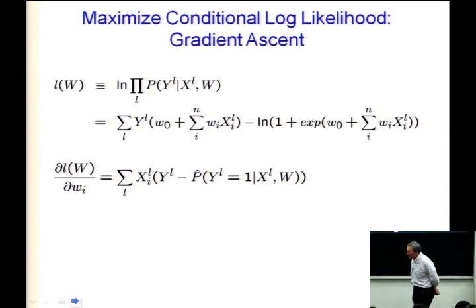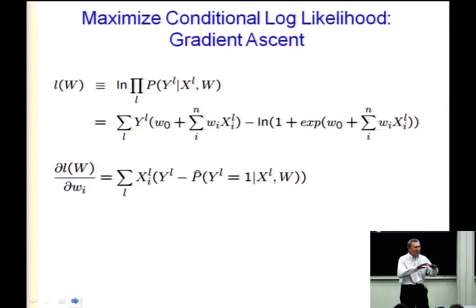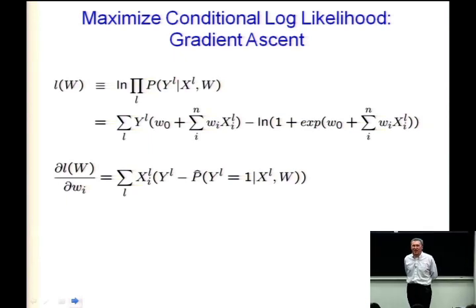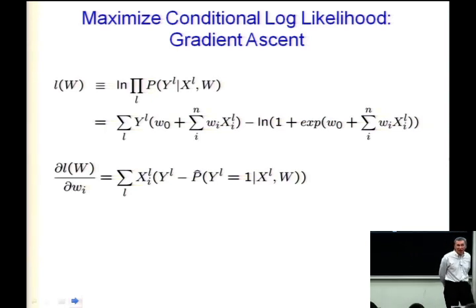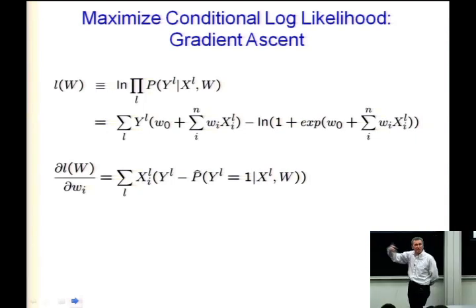That's an excellent question. If we do this gradient descent, or in our case, gradient ascent, because we're trying to maximize the conditional likelihood, will we get to the same functional form as we would get if we trained our Gaussian naive Bayes classifier and then just did that translation of those mu's and sigmas into the w's?